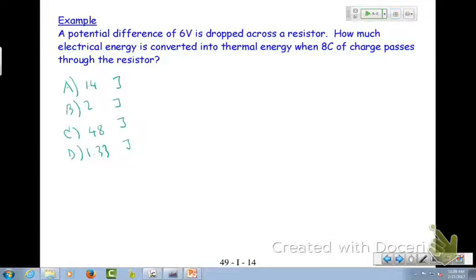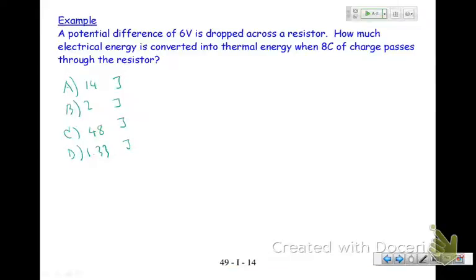This is awkward because there's not really an equation we've written down for it. We're actually using definitions. We said that potential difference is equal to joules per coulomb, how many joules of energy per coulomb of charge that flows. I want joules in the end, and my charge is in coulombs.